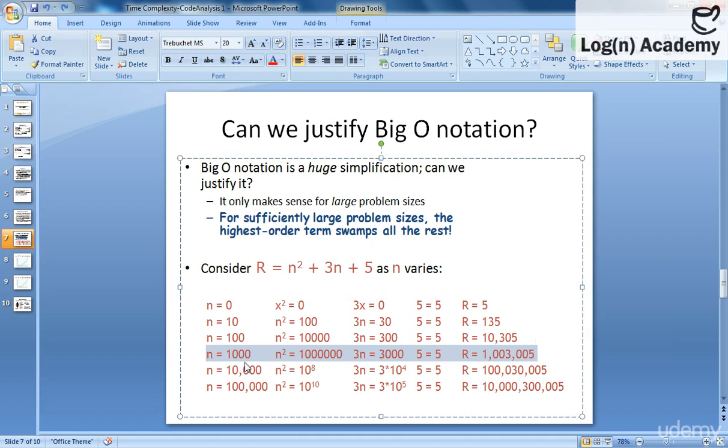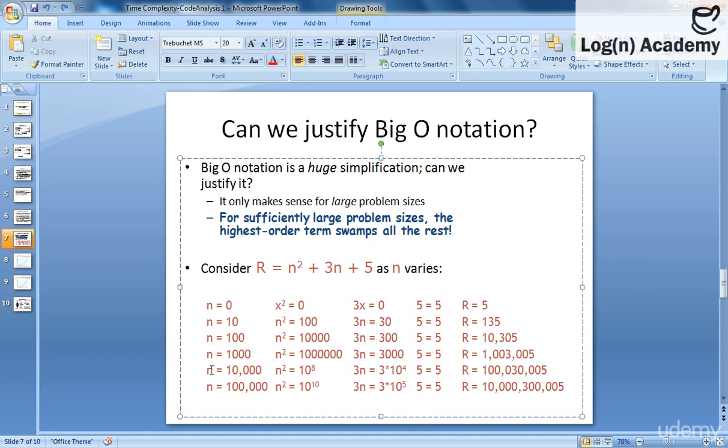The value of n is 1000. n square is 1,000,000, right? Now the value of 3n is 3000 and the value of 5 is just 5. So the value of these two, 3n plus 5, is 3005. But the value of n square has become dominant, right? The biggest value in this equation is of n square.